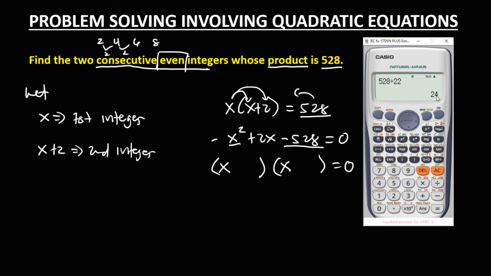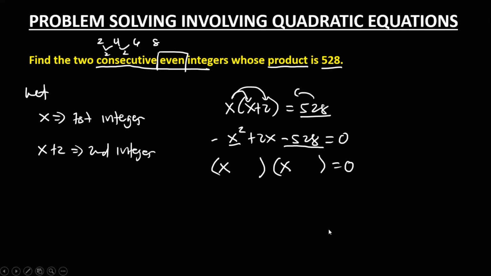So 24 minus 22 is positive 2x. Therefore, the factors of 528 are 24 and 22. Since the middle term is positive 2, the bigger number of the factor must be positive and the other one negative.